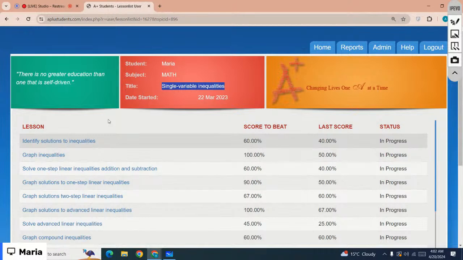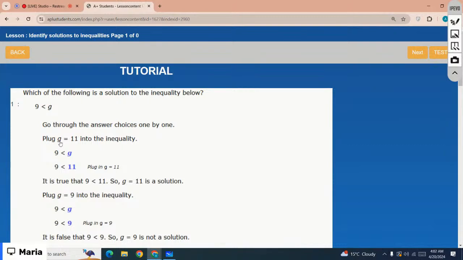Here I am on grade 9 math. The chapter we are on is single variable inequalities. Let's start with the first lesson, that is identify solutions to inequalities. Which of the following is a solution to the inequality below? 9 is less than g, right?